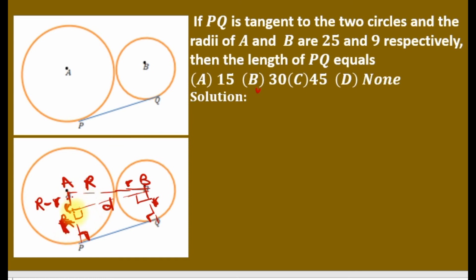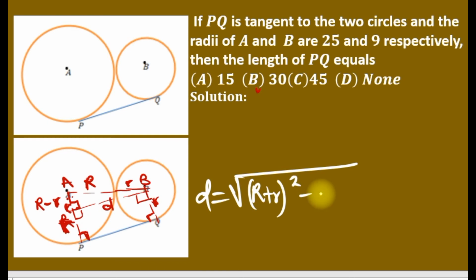So we'll form a right angle triangle now using the Pythagorean theorem. D is now the square root, the hypotenuse being R plus r, squared, minus R minus r, squared.